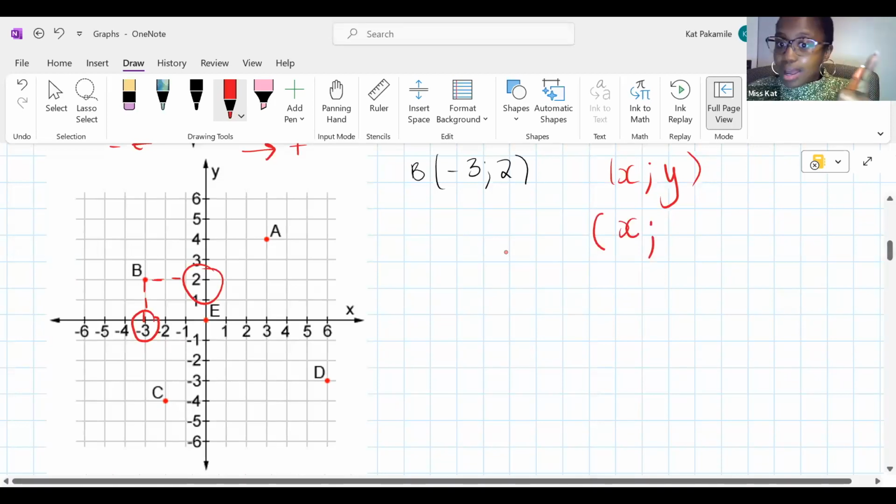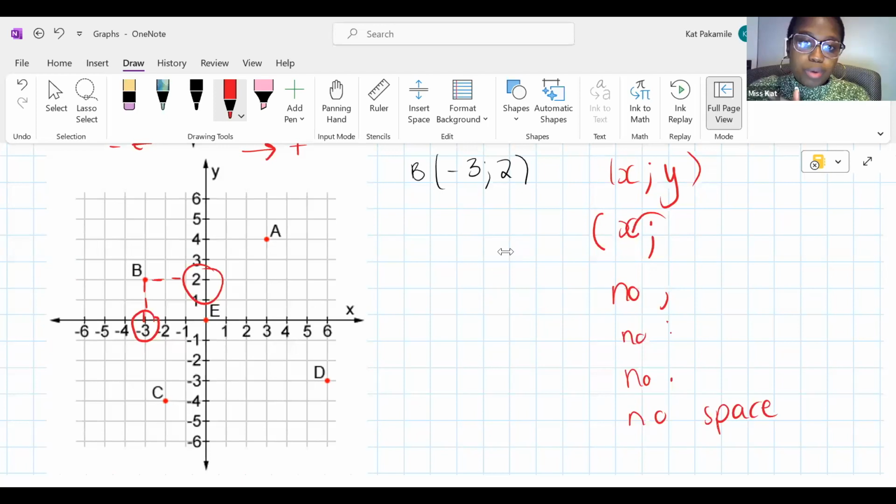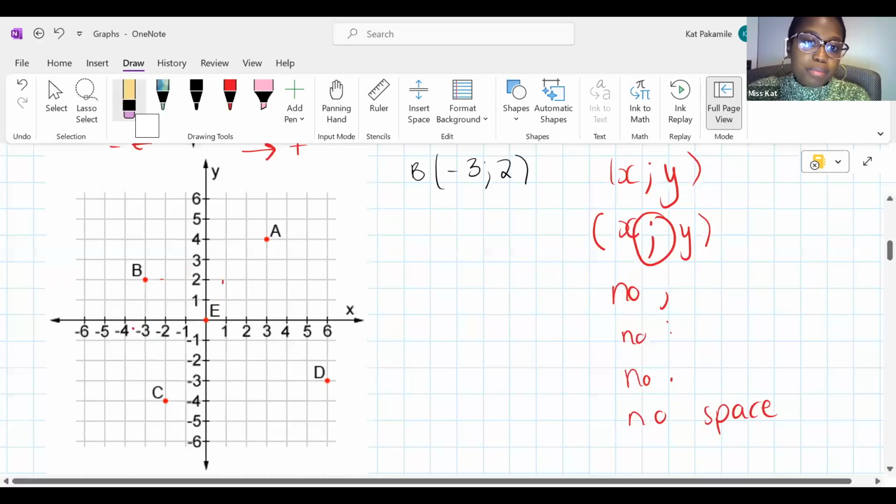So no commas, no colons, no full stops, and no spaces. You have to write my semicolon, and then your y coordinate, and you close your brackets. Nosipo? There's no Nosipo there.